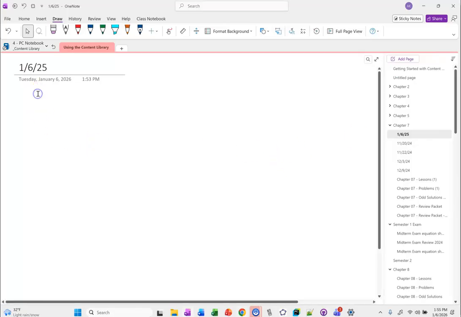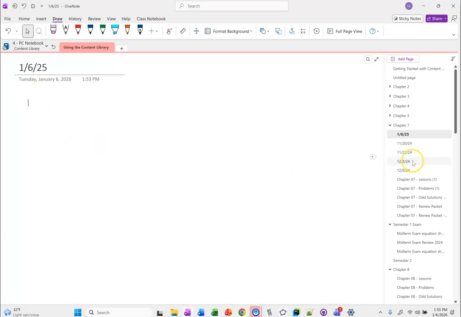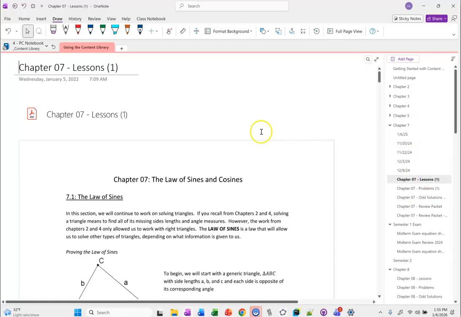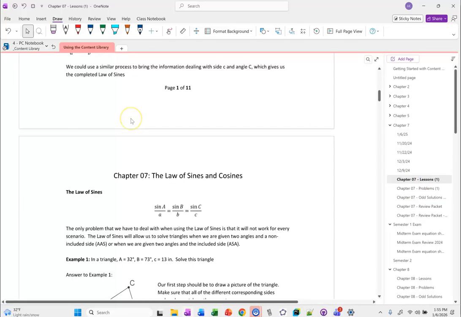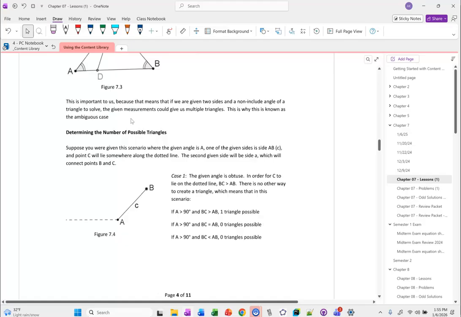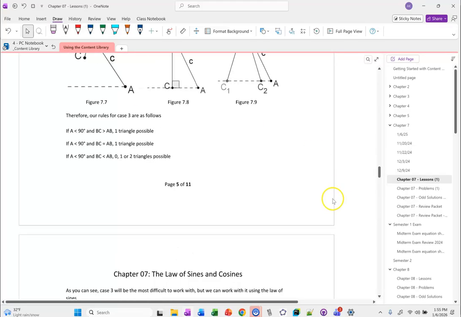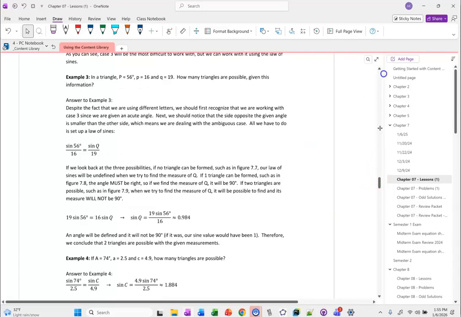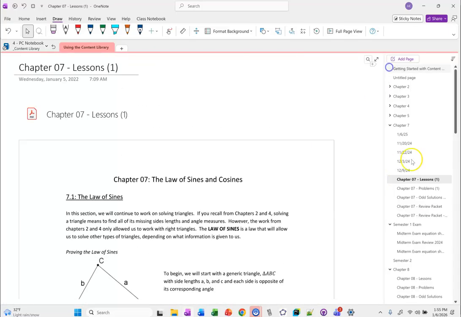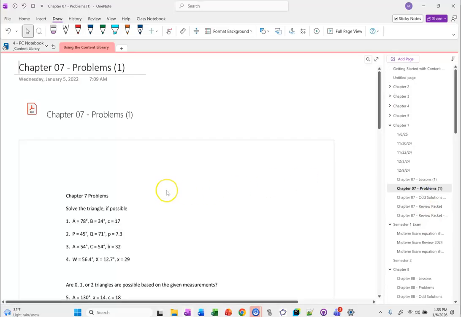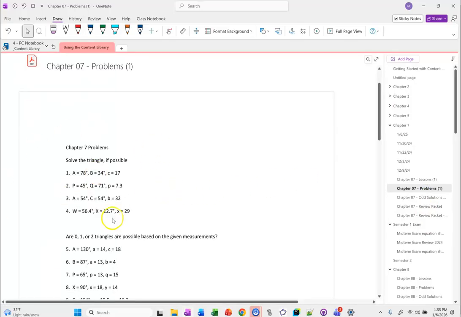Let's get started then, yeah? So in the OneNote, I have a page attached called Lessons, which has the lesson pages that I'm working from. There's a page that says Problems, so if I assign 1 through 4, this is the 1 through 4 I'm talking about.